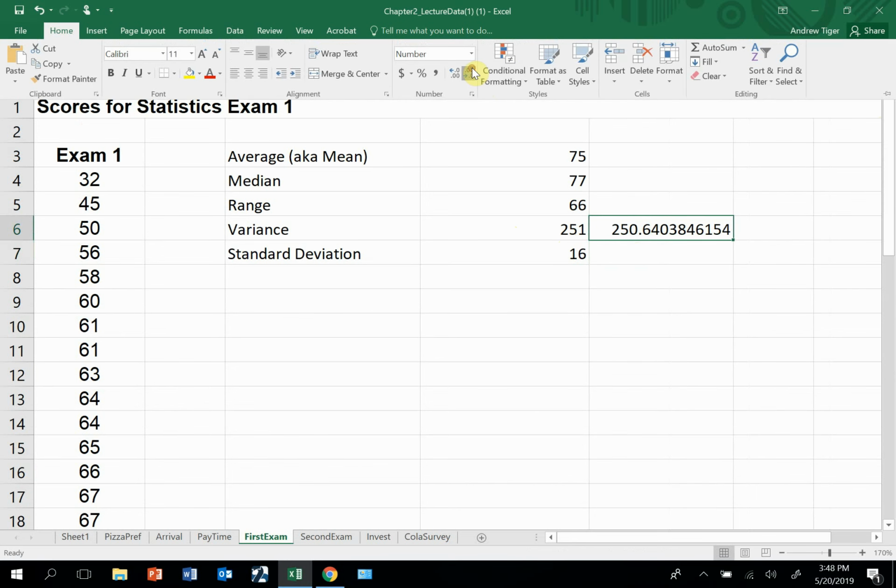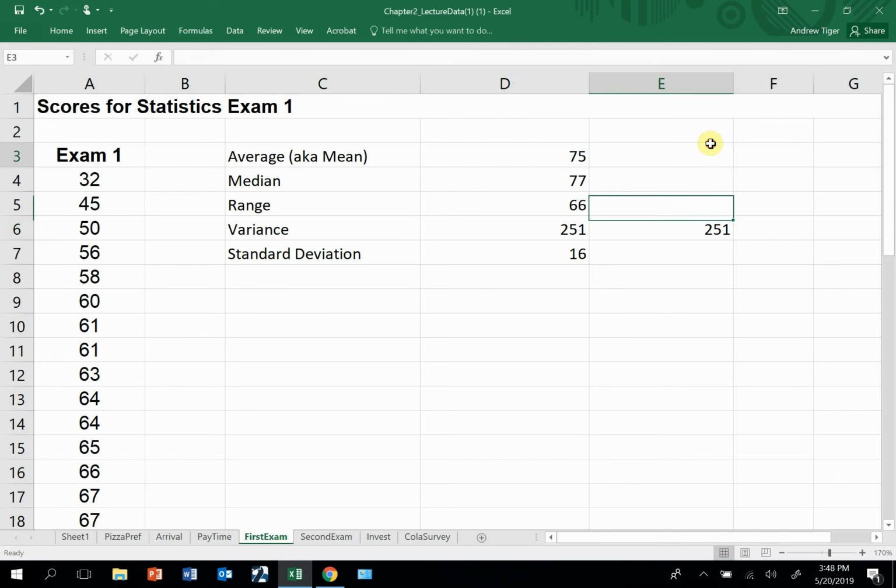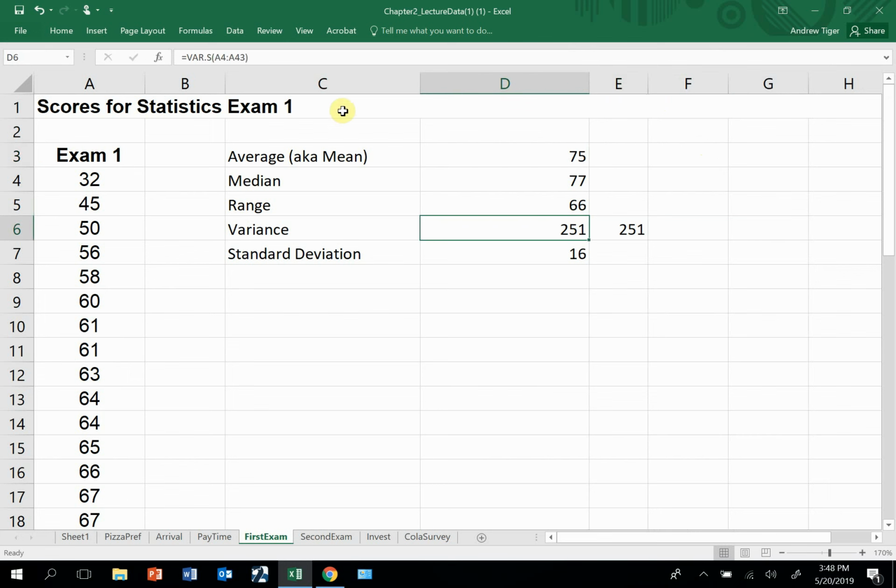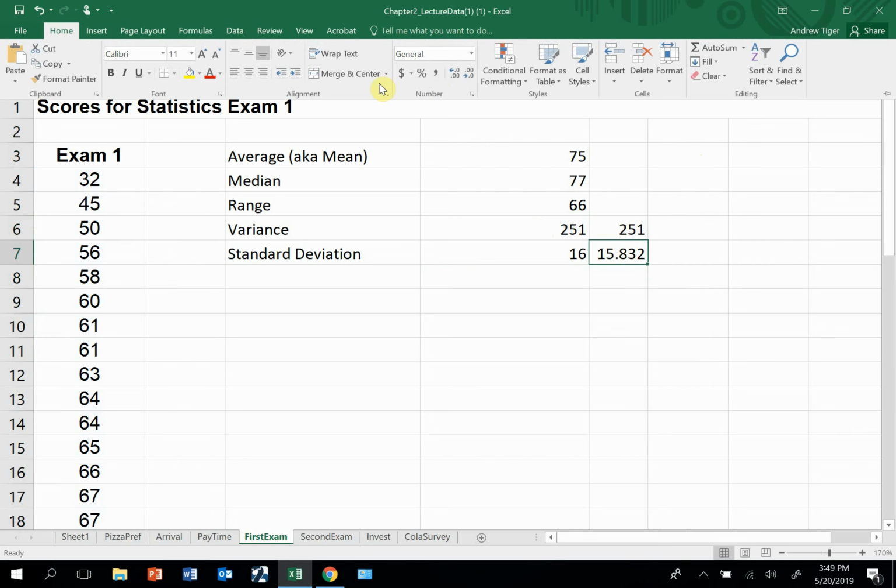Show it as a whole number. Like that. So you can either calculate it using the formula, or you could calculate it by taking the standard deviation squared. And the same thing if I have the variance, if I take the square root of the variance, I'll get the standard deviation. Again, if I show it as a whole number, it's the same thing.